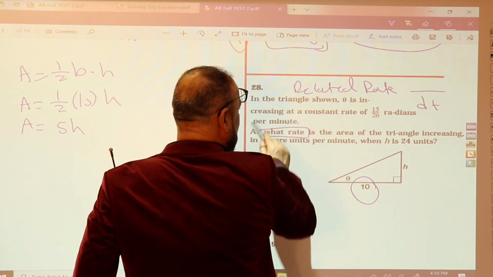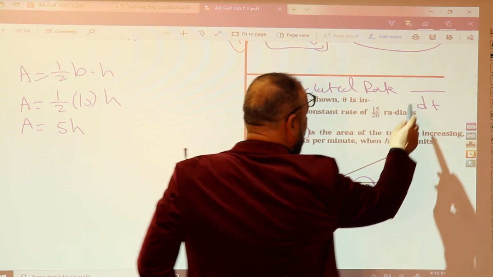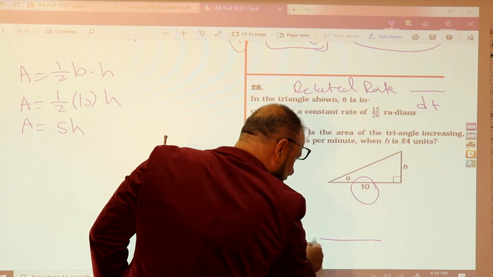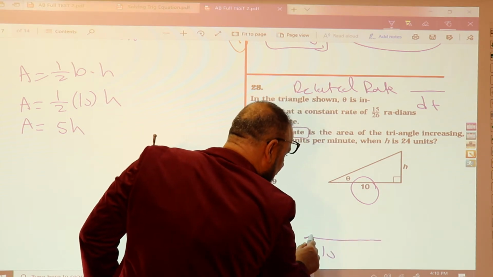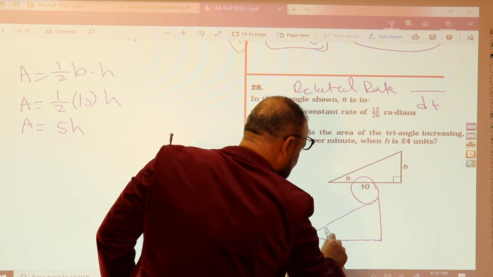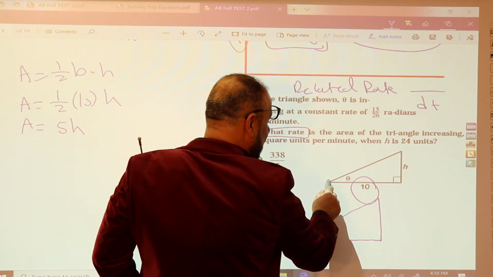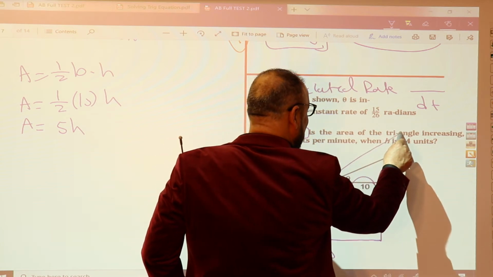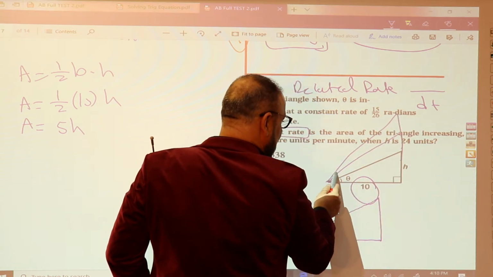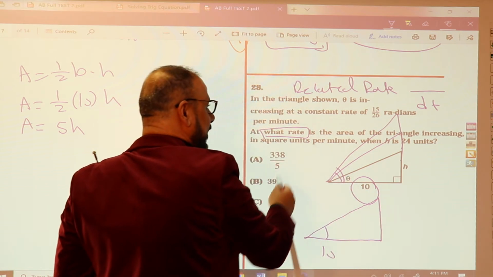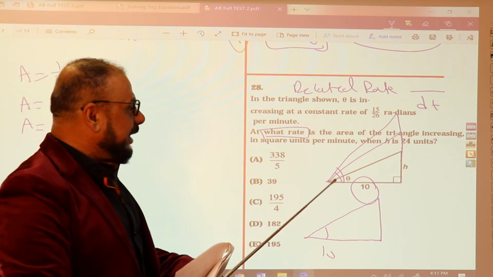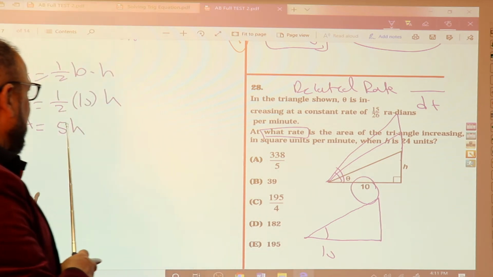You see, when this angle increases, what happened to the height? Increases. When the angle keeps increasing, the height increases, and when the height increases, the area increases.